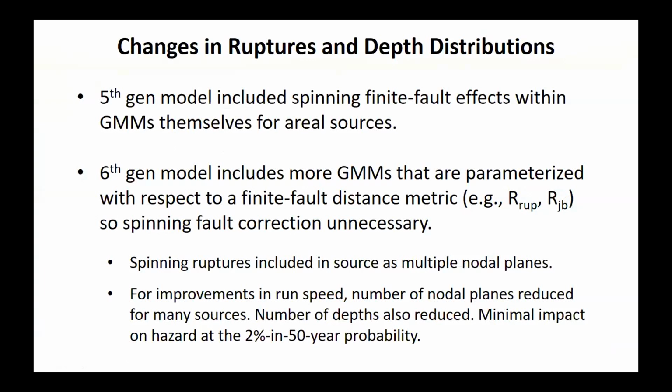Another thing we've done is we've changed how we're modeling ruptures and depth distributions. A lot more of the ground motion models are now parametrized to a finite distance metric like RUP or RJB. So if you redo those scenarios, you know how you had those bullseyes? It wouldn't look like that anymore. You'd be able to see the rupture geometry in the scenario hazard when you move to the newer model.